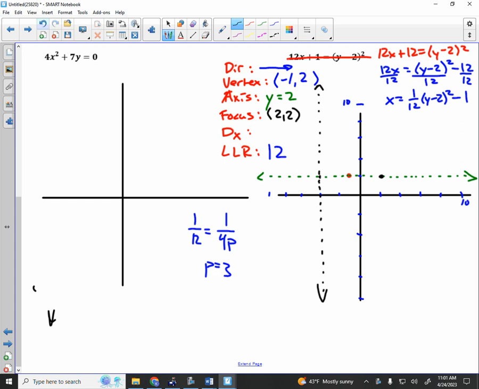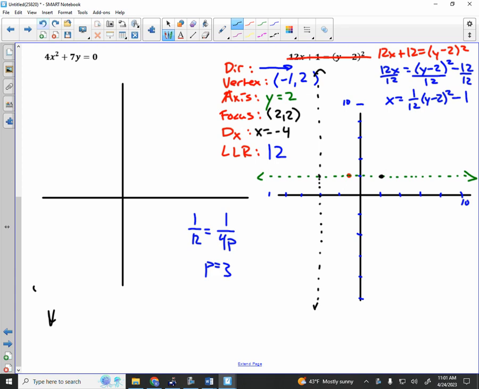I don't really like it, when I draw to the side, I kind of get slanted here. So the directrix is x equals -4.